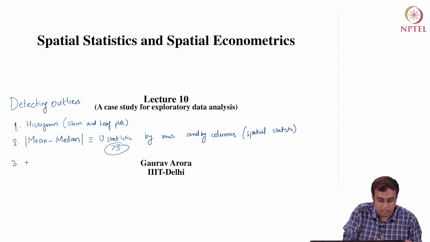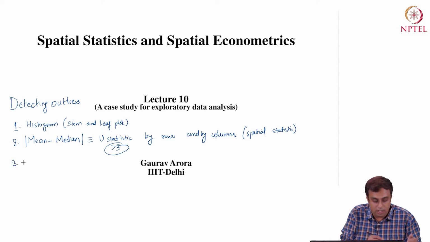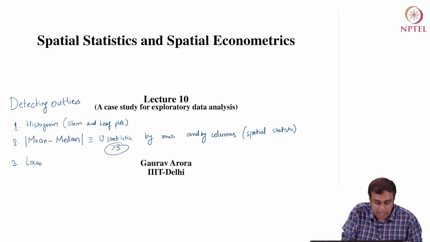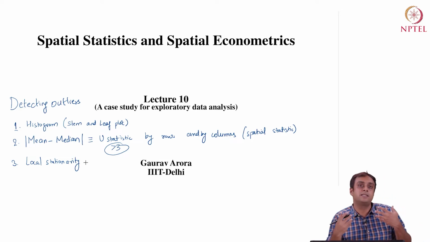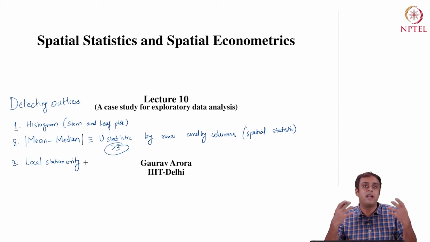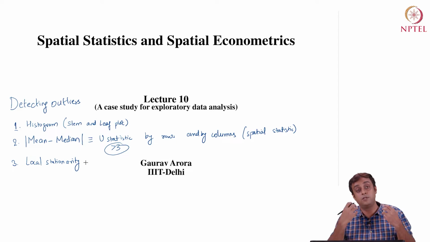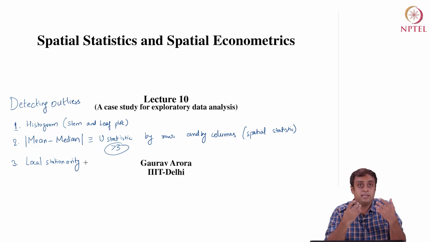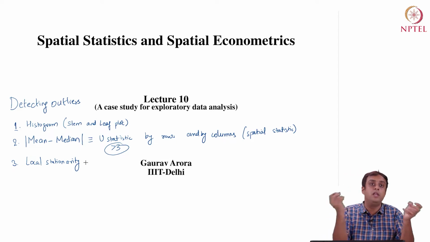The third strategy or major device that we learned last time was based on the idea of local stationarity. This basically was a bivariate scatter plot of observed coal quality realizations in a local neighborhood.